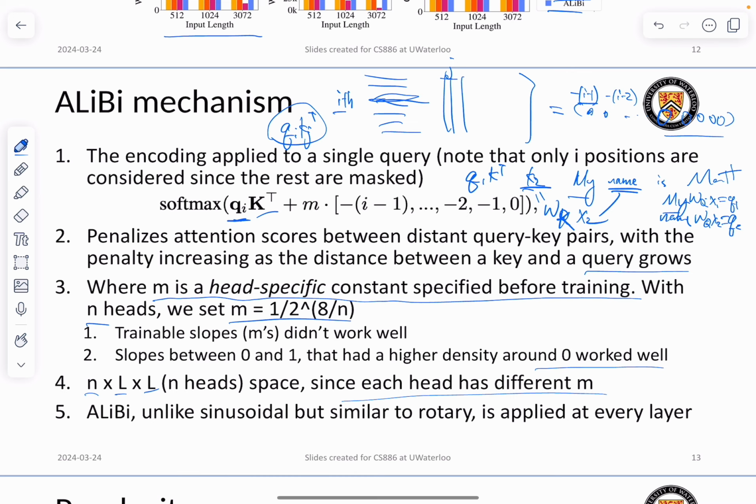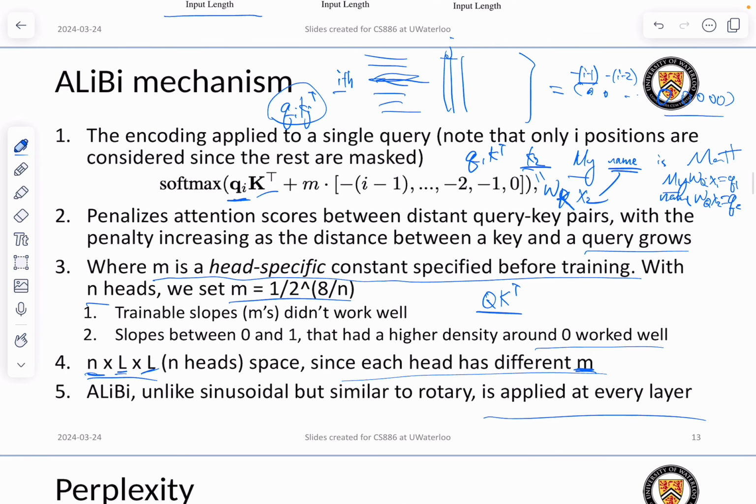It's L times L because that's the size of QK^T, and you have to have a different m for every head. So you keep a QK^T for every head, so that's why it takes that much space. It's also applied to every layer, just like sinusoidal.